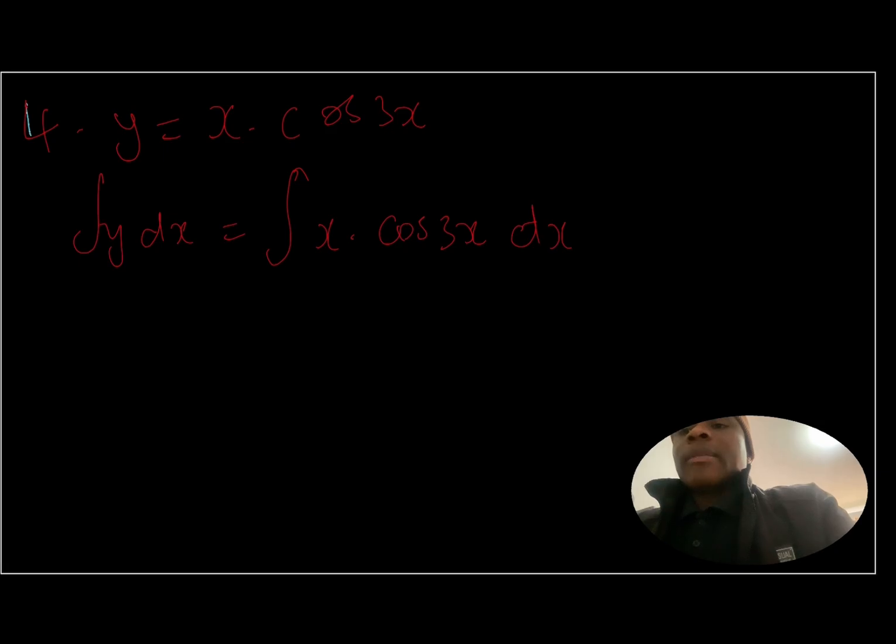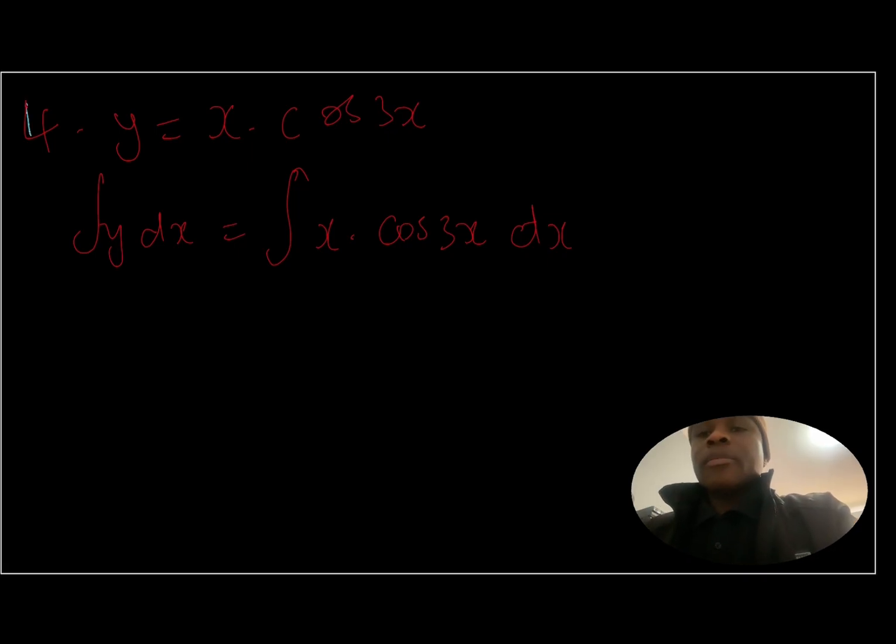We are having integration by parts. Why am I saying by parts? Because we have a product of two terms where they're carrying a variable that needs to be integrated, right?